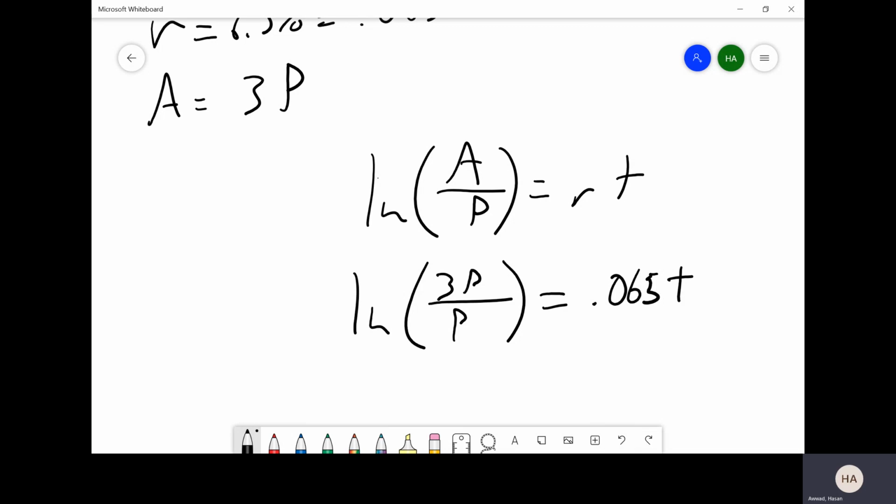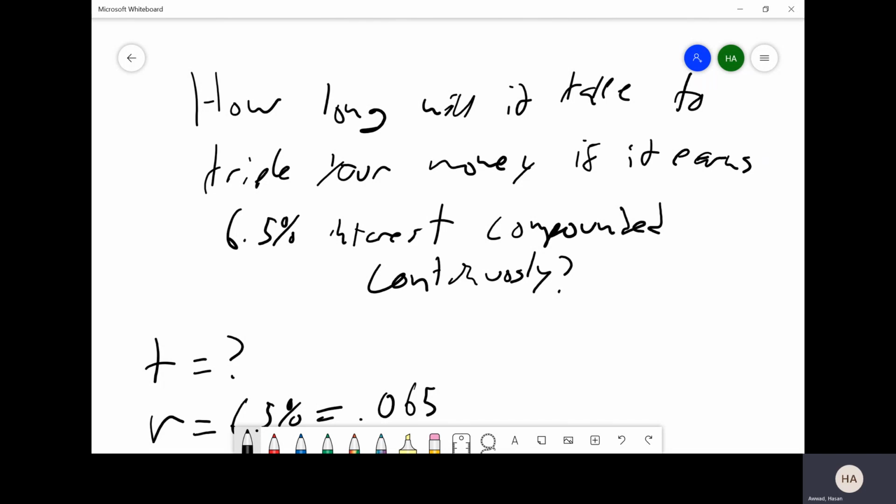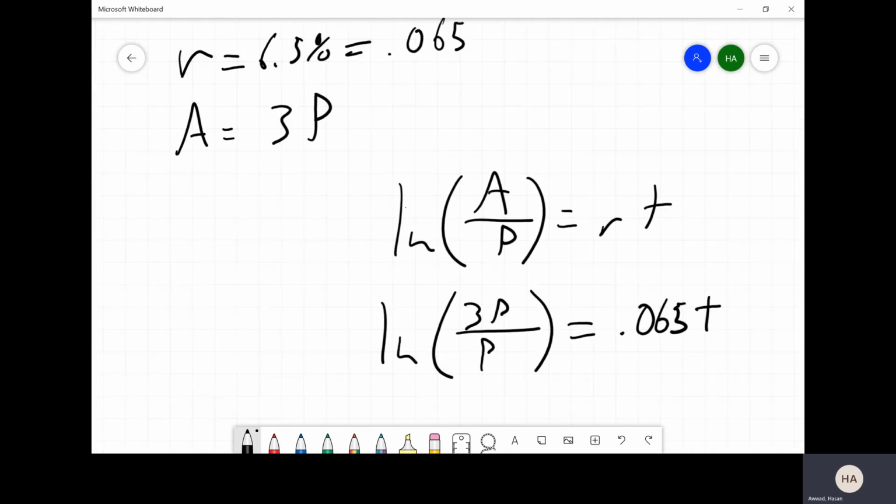That is our unknown. The good news here is it actually doesn't matter what your initial investment is, because we're just looking to see how long it takes to triple that investment. If your investment, say hypothetically, was $100, then your A would be 3 times 100, which is 300. If your investment was $500, then A would be 1,500.